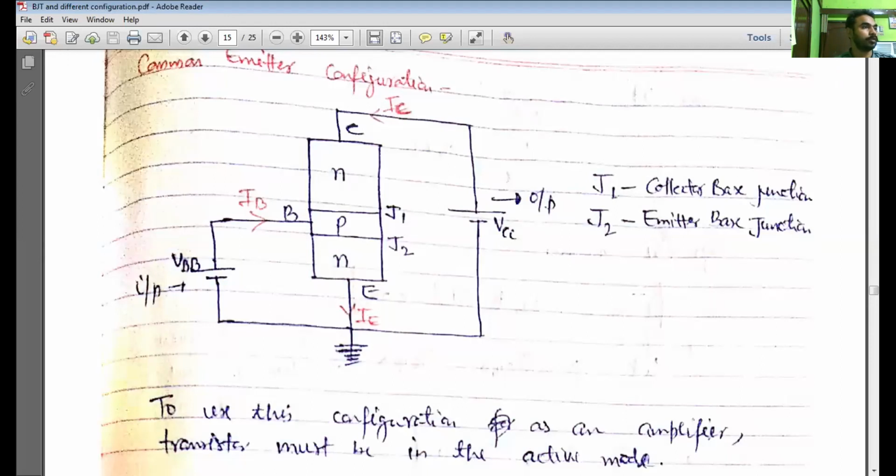Earlier we have done the common base, and now we will talk about the common emitter. So the emitter section will be common to the base and collector.